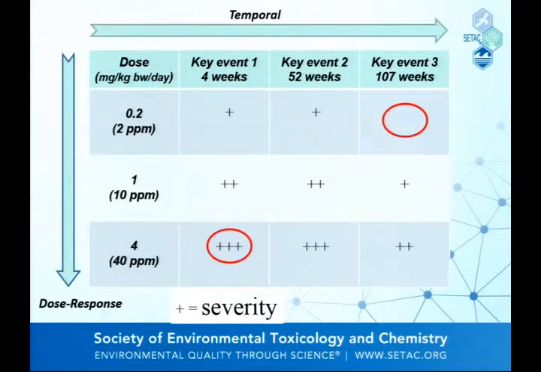We put the dose concentrations of our stressor on the vertical axis, so 3 different doses, and then we start to organize the information. In this case, we're looking at the severity of the response, so just an overall grade of how severe the response was in those different key events. So this might be estrogen production in the ovary, vitellogenin production, oocyte maturation, something like that. Okay? So we're just evaluating the severity.